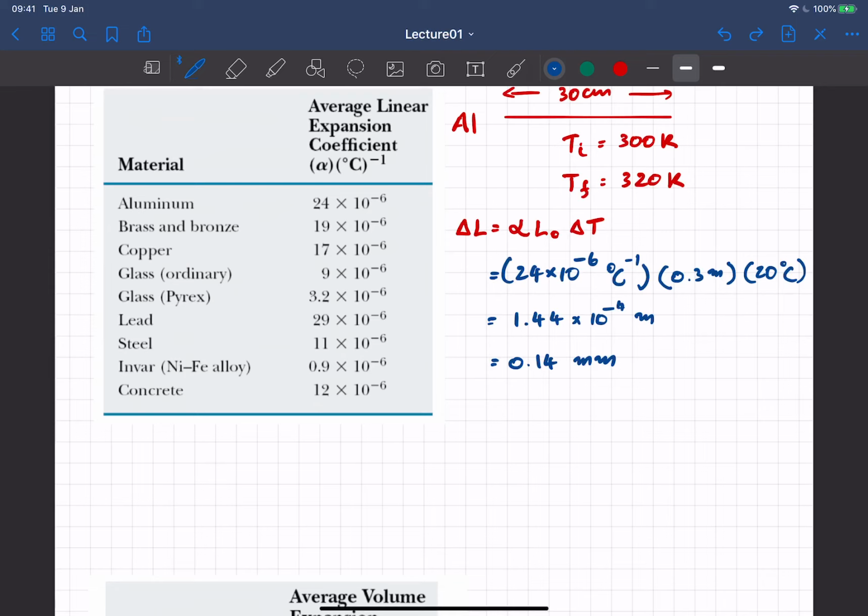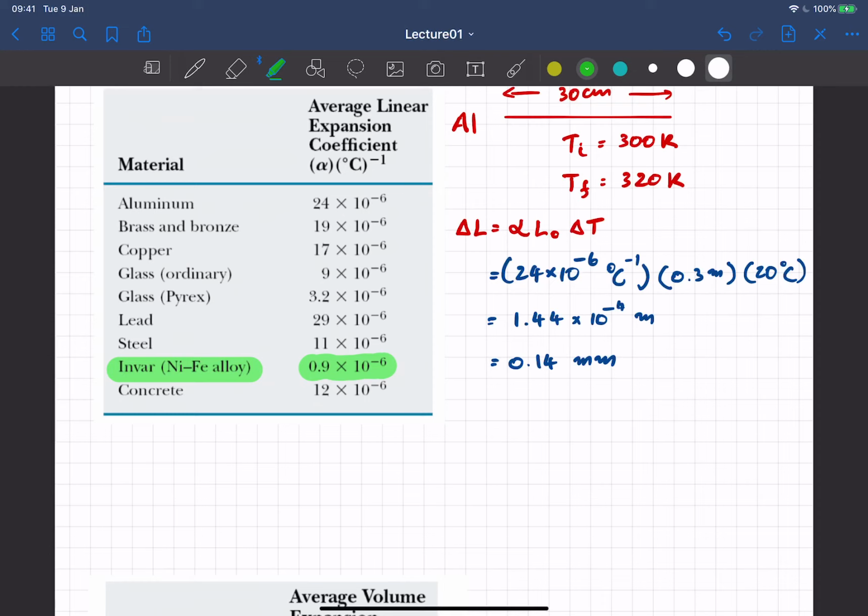One particularly interesting thing is this one, which is called Invar. Invar is a very low expansion metal. It's an alloy, which means it's a mixture of different kinds of metal. It's a nickel and iron alloy, and it happens to be a very low thermal expansion coefficient material.